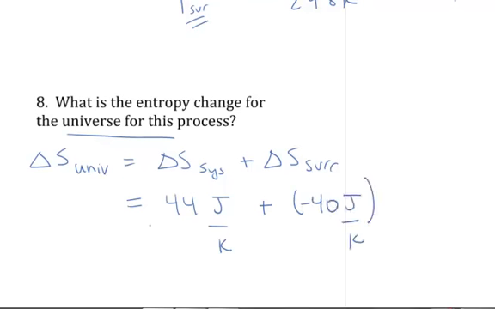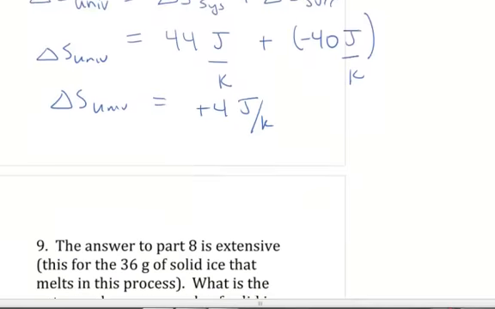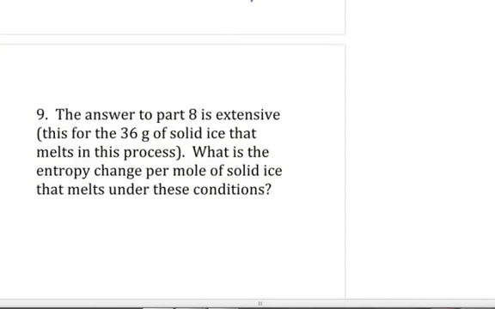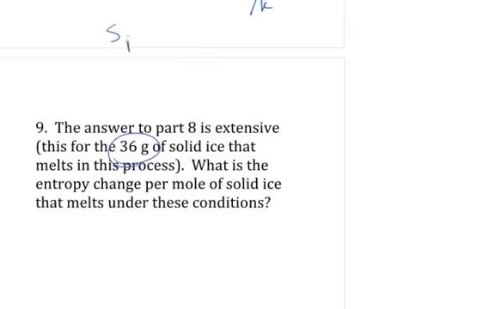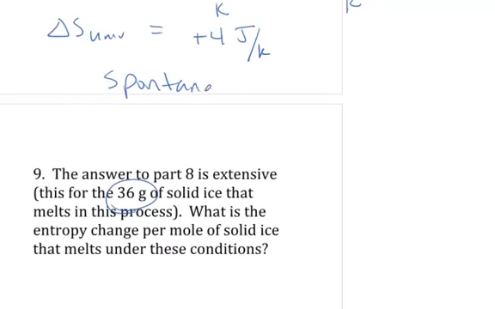That equals a positive 4 joules per Kelvin for the change in entropy of the universe. So the answer to part 8 is extensive. That was for 36 grams. It was positive, so indeed this change is spontaneous.